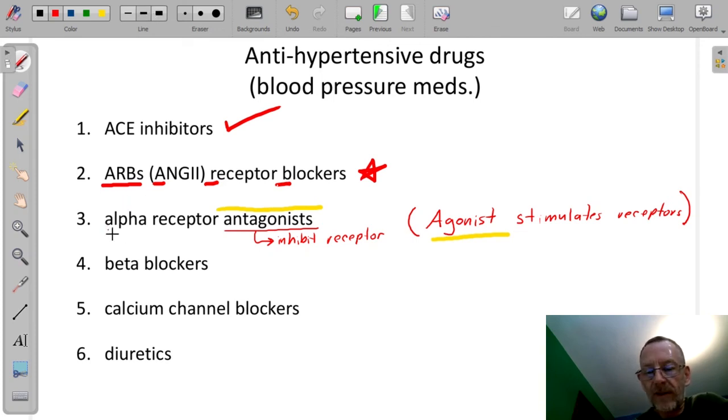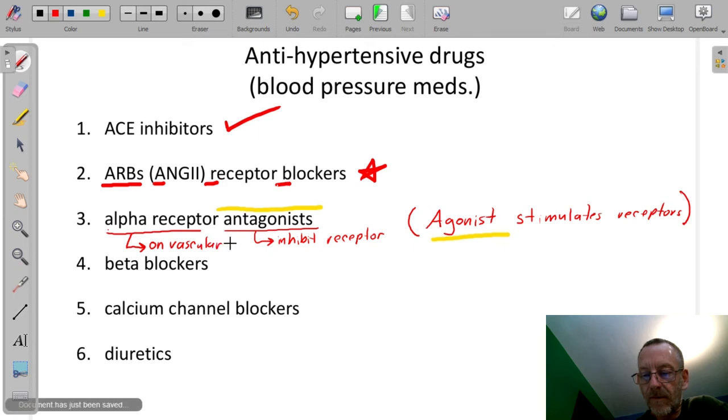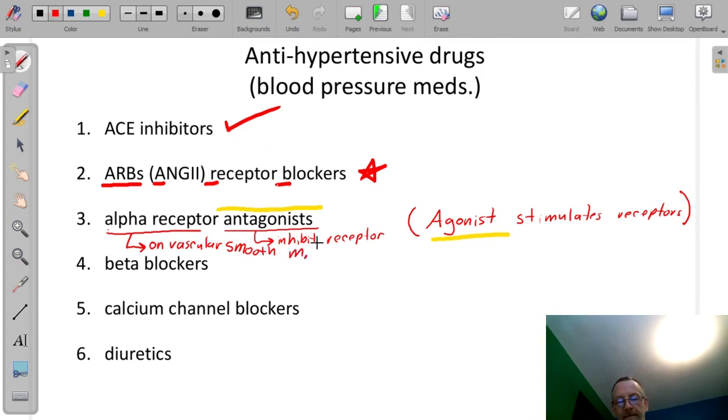Well, alpha receptors are adrenergic receptors on vascular smooth muscle. So those are alpha receptor antagonists.